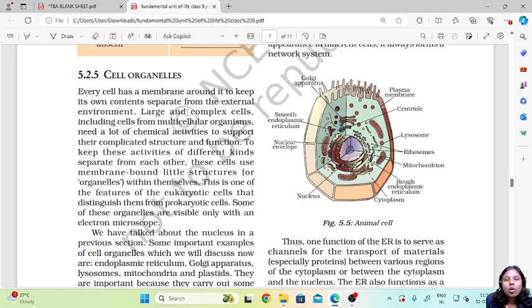Large and complex cells, including cells from multicellular organisms, need a lot of chemical activities to support their complicated structure and function.